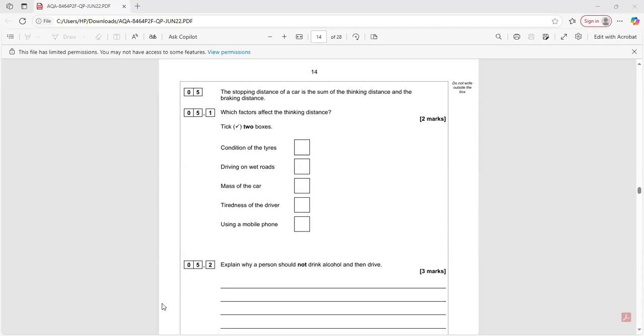I think I'll go with the last two. What do you think? Yes. The last two. Makes sense. This one is just logical. Tiredness of the driver or using a mobile phone, because those are the things that will prevent him from seeing the obstruction in time enough to hit the brakes.